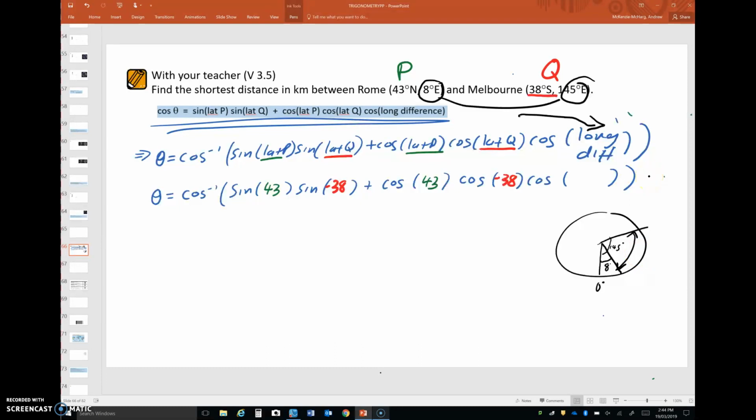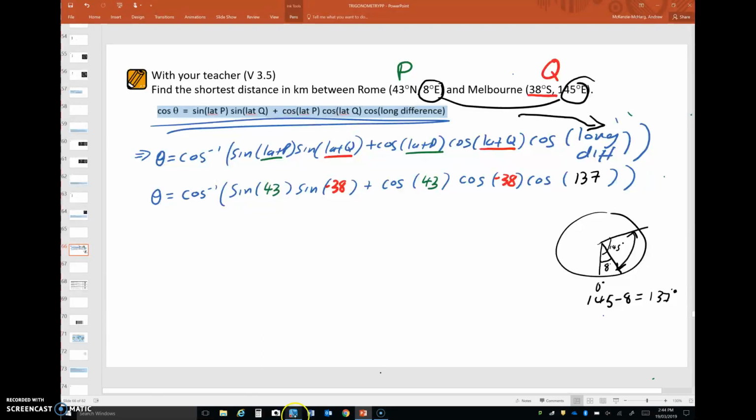So we'll subtract those. 145 take 8, which gives us 137 degrees. So just like if you were doing a regular one with finding the difference in longitudes if you're travelling on a line of latitude, say. Okay, so you might want to pause now and try putting this into the calculator, and then I'll show you a screen with the calculator on it.